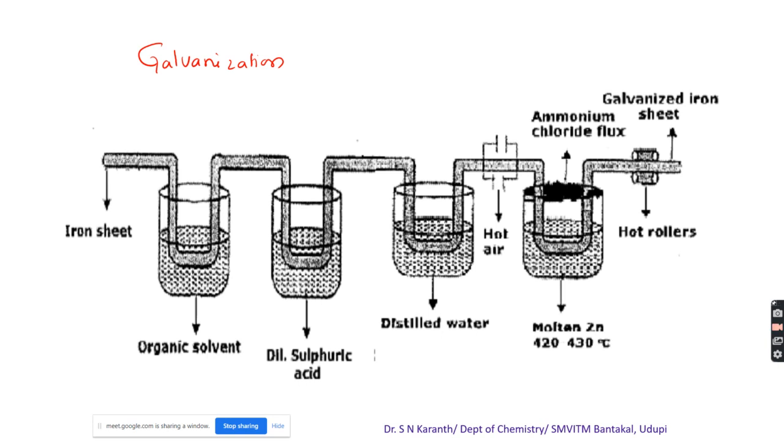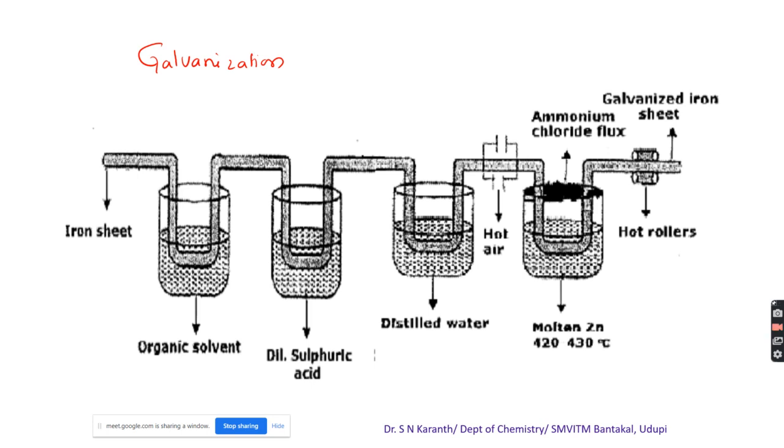If you carry out a pre-treatment, any extraneous matter present over the surface of the metal gets cleaned. Otherwise, corrosion of the metal, the attack by environmental constituents on the metal surface, may be possible. To avoid that, it should be properly treated.